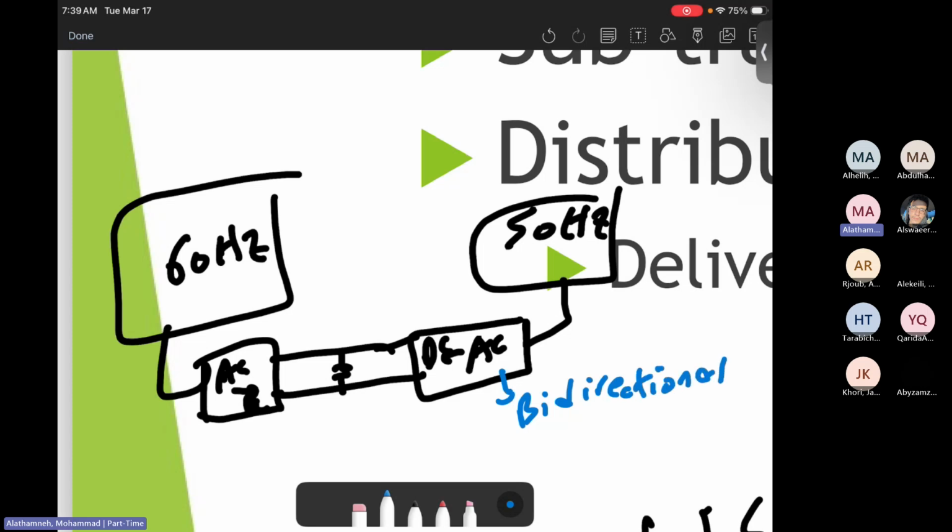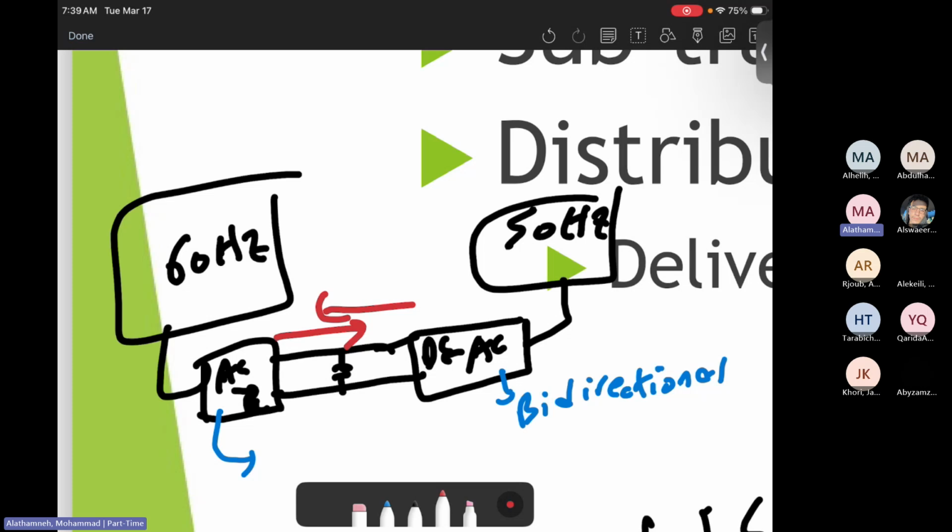So it's working as both inverter and rectifier, and the same thing here. Then we can do a power exchange as needed, as much as needed, by using power electronics. Again, AC to DC, DC to AC. So they will do the job, and it is bidirectional. So it allows the power to go from one way to the other, and vice versa. That's how Eastern and Western Japan are connected, even though they have different frequencies.